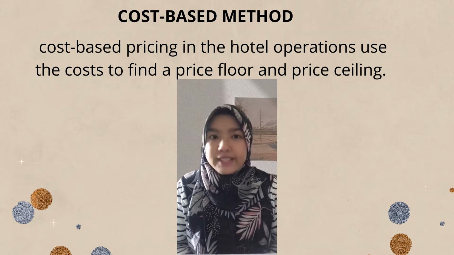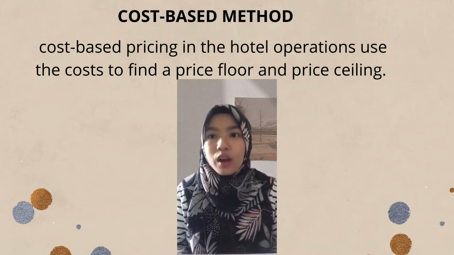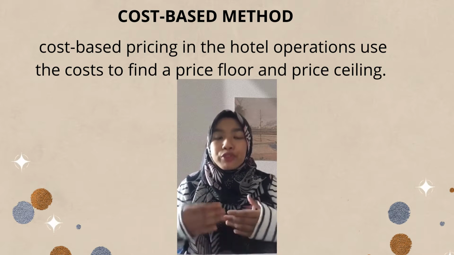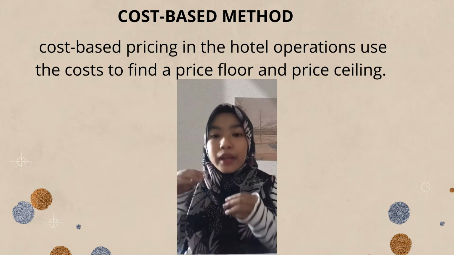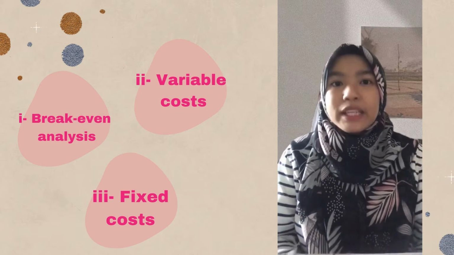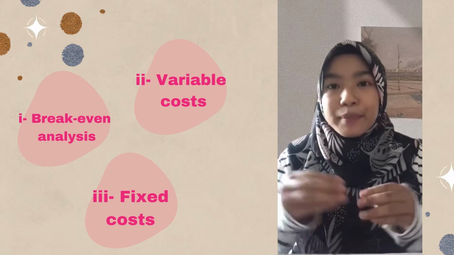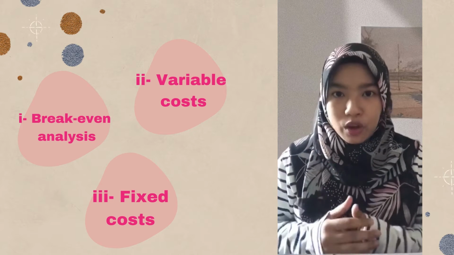Usually, cost-based pricing in hotel operation uses the cost to find a price floor and price ceiling. The floor and the ceiling can be defined as the minimum and maximum price for a particular service or product. There are three important elements used in the cost-based method, which are break-even analysis, fixed cost, and variable cost.